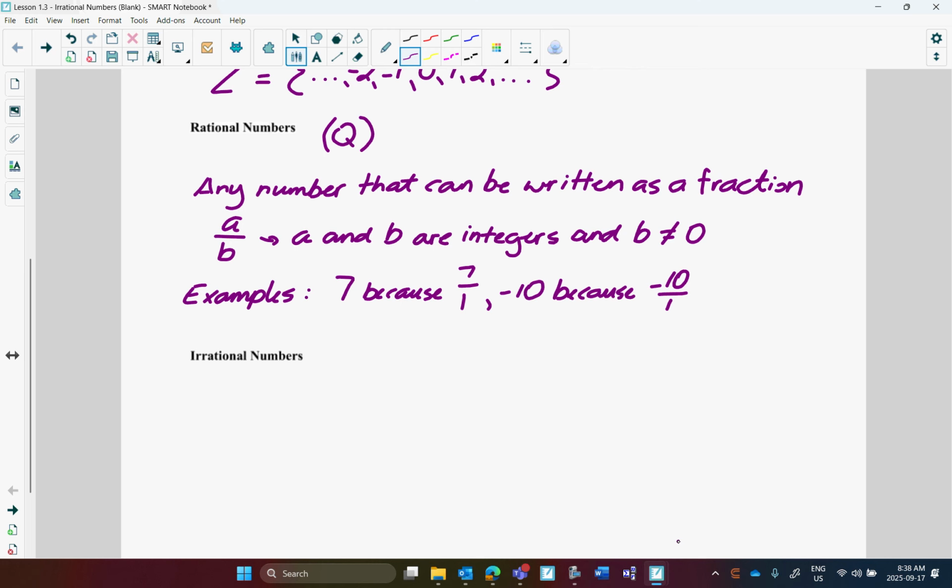Obviously, any fraction is a rational number. So pick a fraction and it's a rational number.